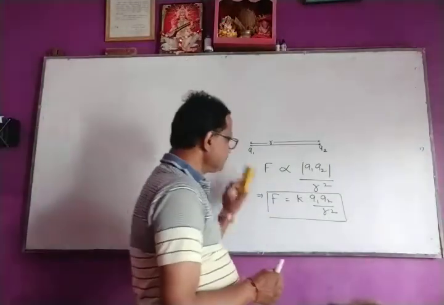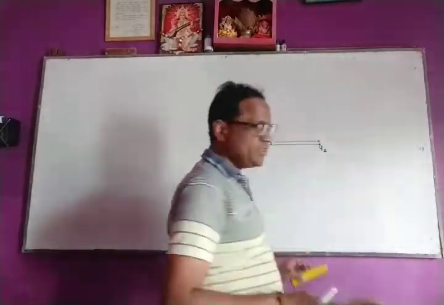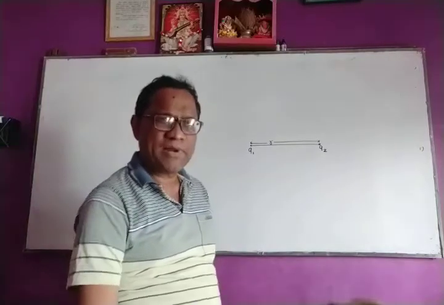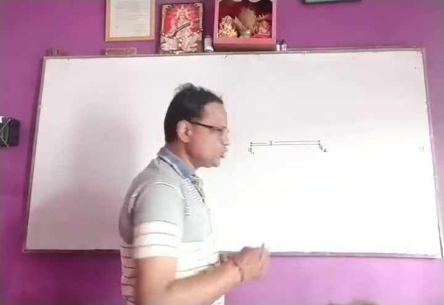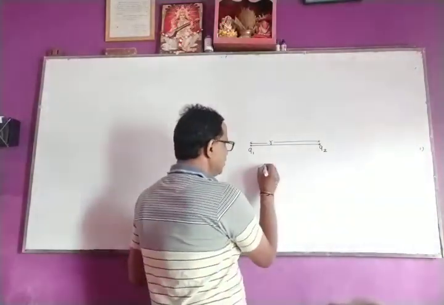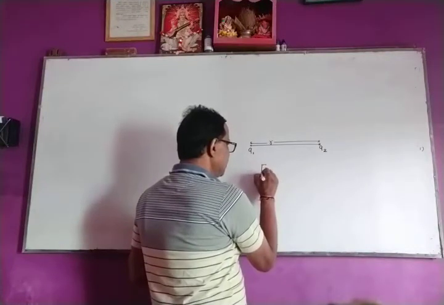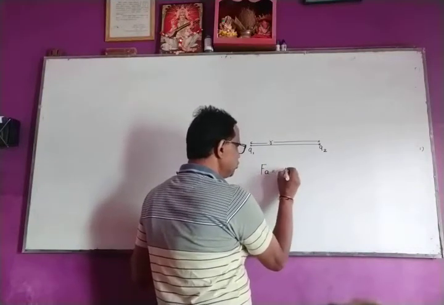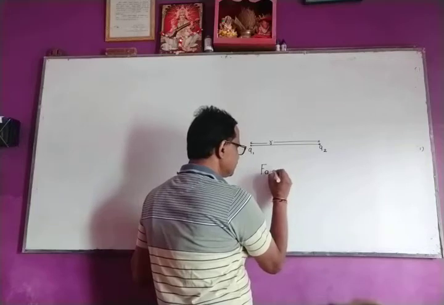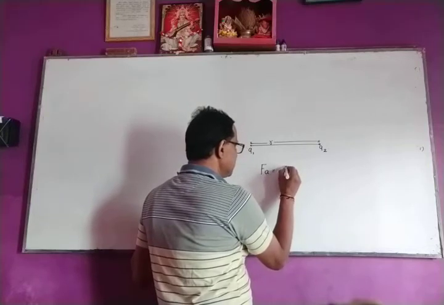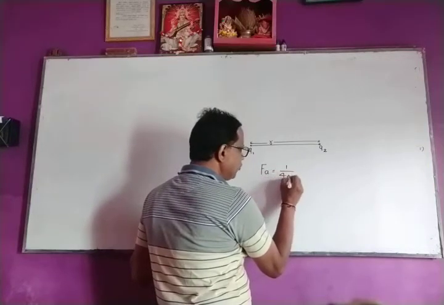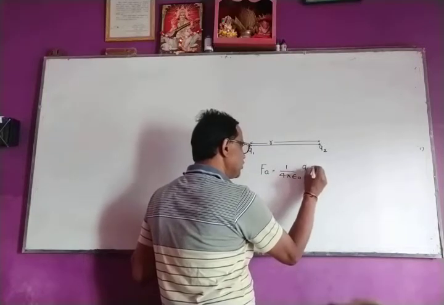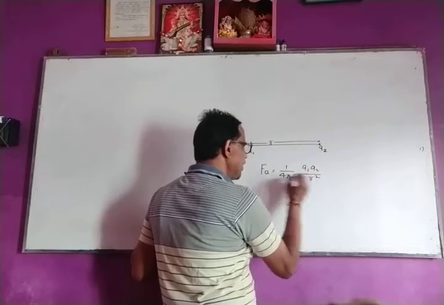If these point charges are placed in vacuum, then F a is equal to 1 upon 4 pi epsilon naught Q1 Q2 by R square.